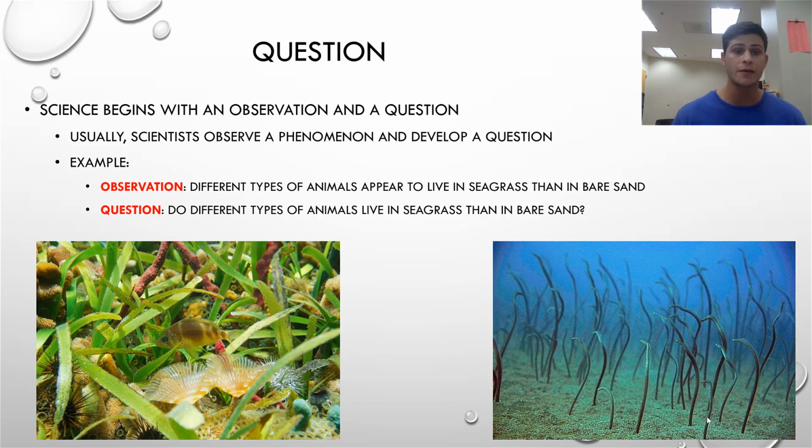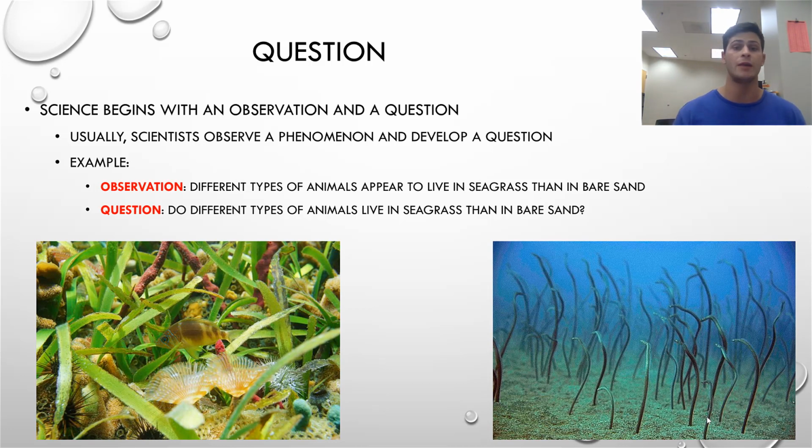So an example of this is an observation. For example, say that we observe two different types of animals or different animal communities that live in seagrass, those underwater grasses that are in estuaries, as well as in bare sand. So we're seeing different living animals in seagrass as opposed to bare sand. And so our question from there is, is this something that we're just observing, or is this an actual finding?